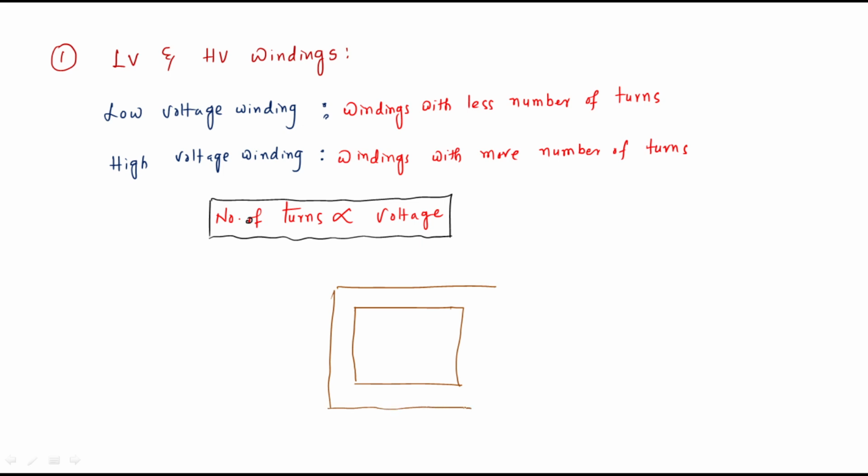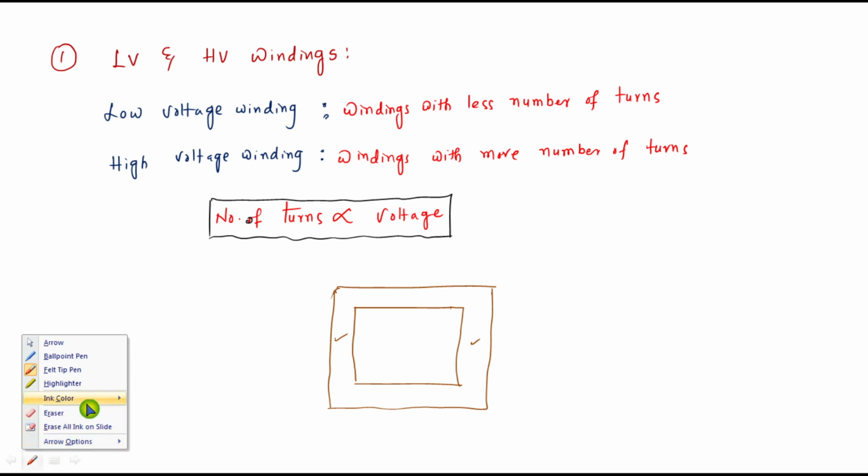Let us assume this is core of transformer. This is core of transformer, this is one limb and this is another limb. So between these two limbs we have to provide the windings.